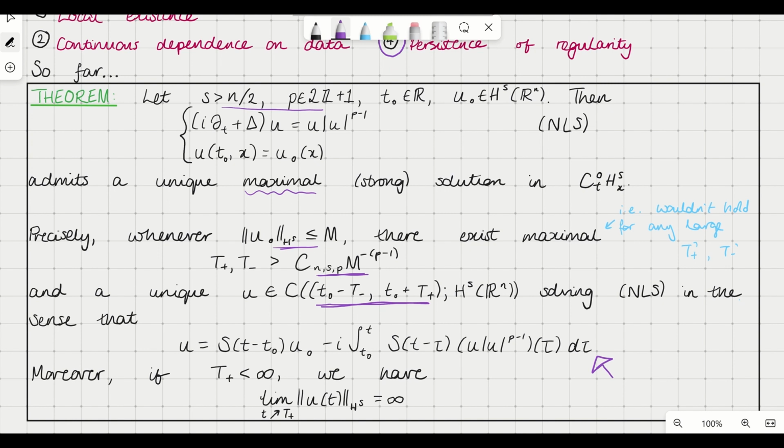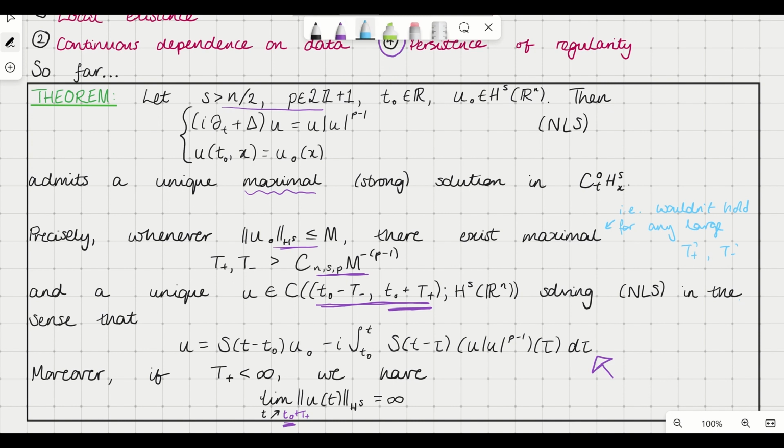So moreover, if this endpoint time t plus is finite, and we only exist for a finite time in the forward direction, then as we approach this endpoint of the interval, t0 plus t plus, the norm of the solution blows up in H^s.